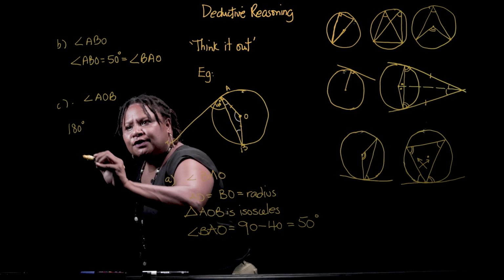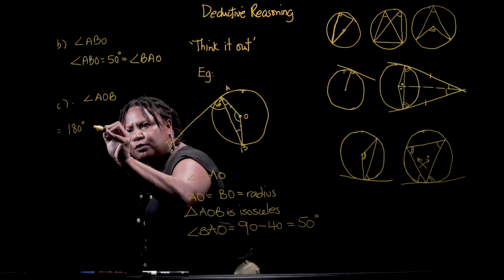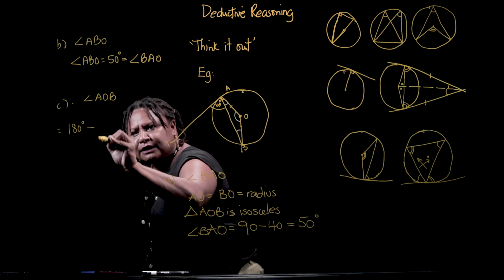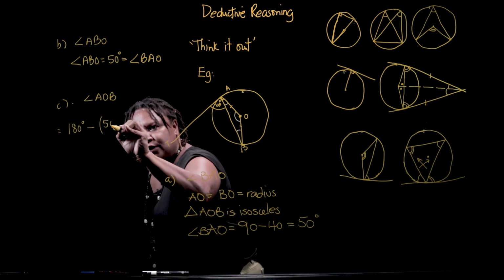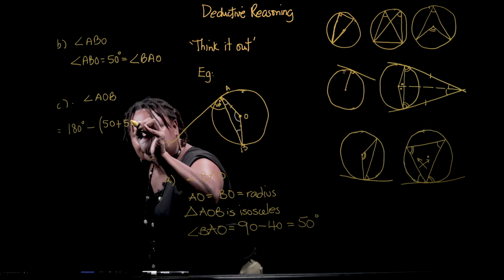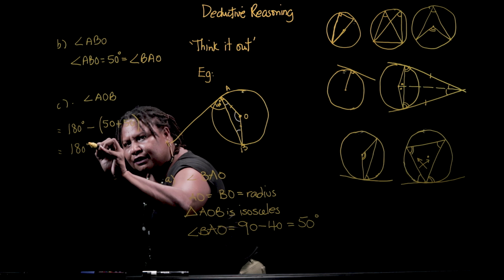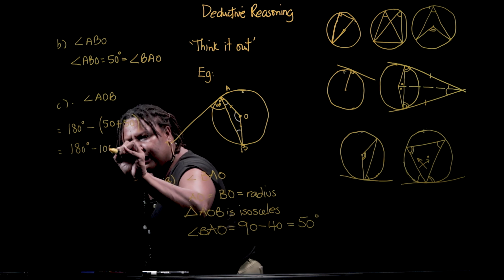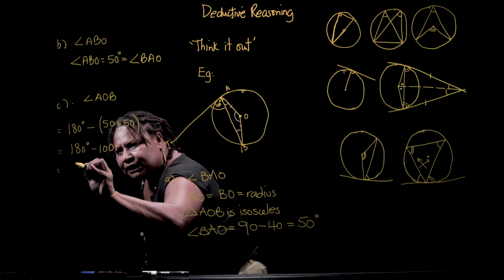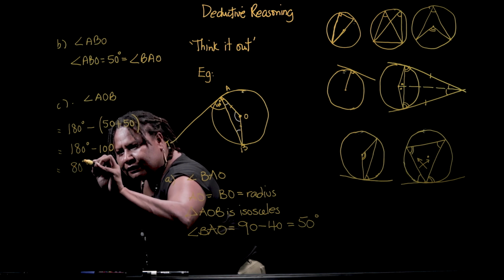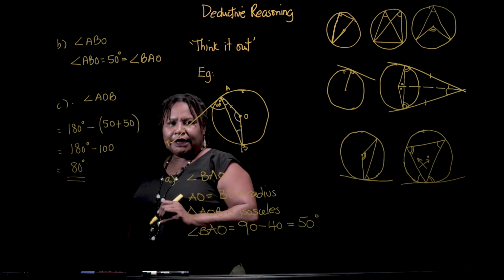So angle AOB is equal to 180 minus the two angles, 50 plus 50. 180 degrees minus 100 will give us 80 degrees.